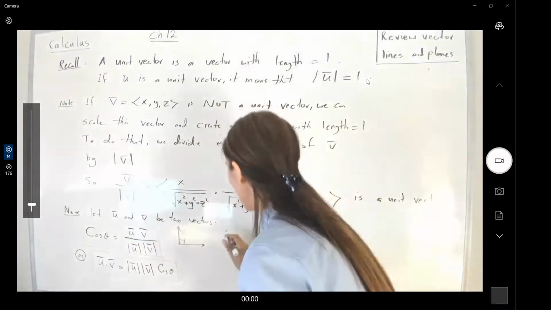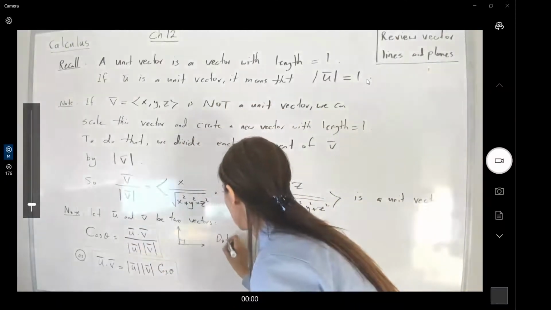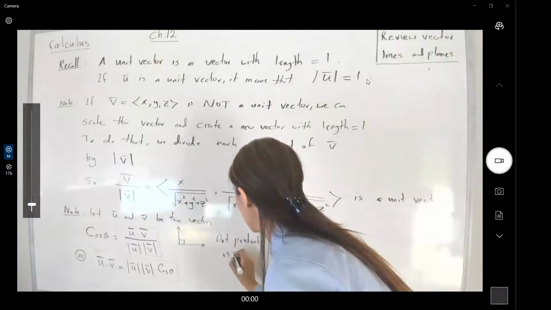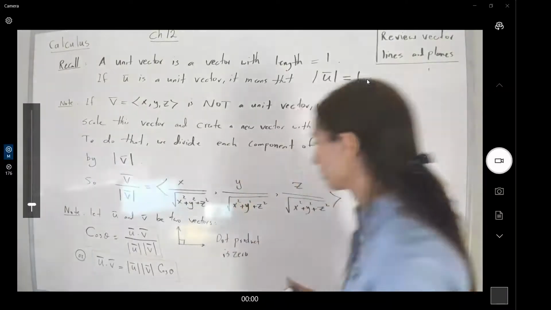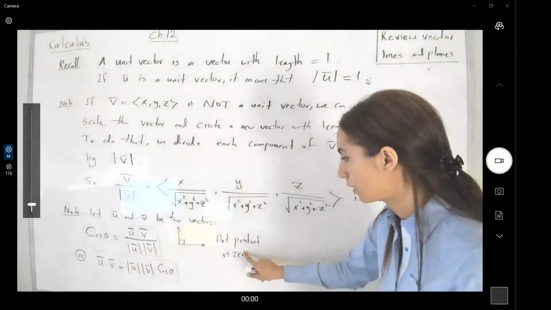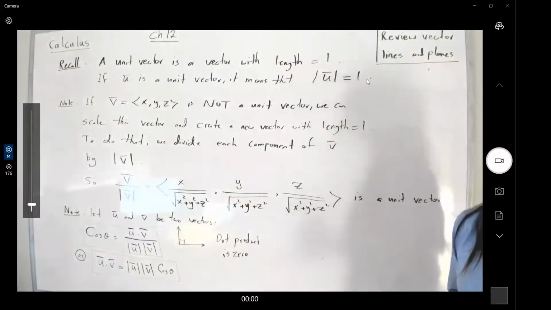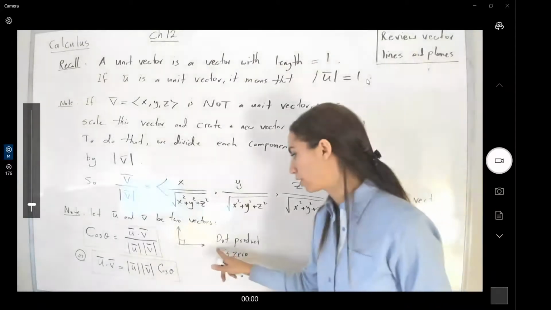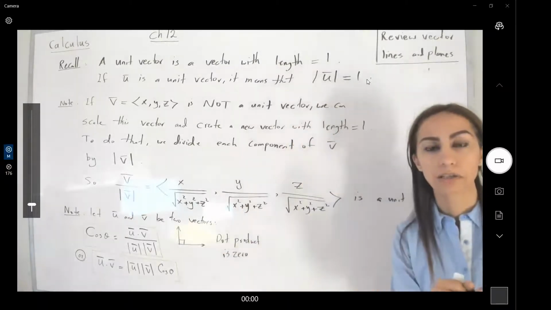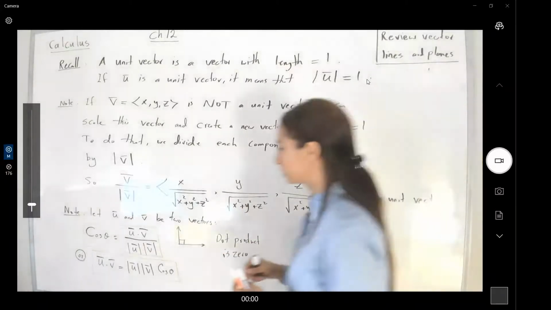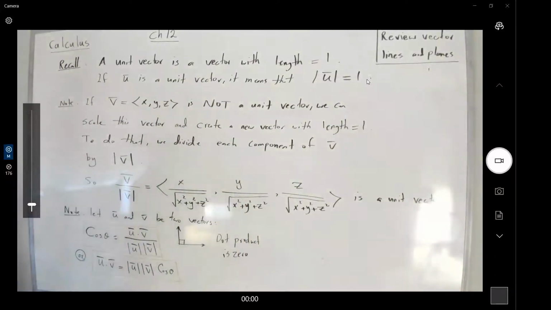So the dot product is 0. This is another note for you. If you have two vectors, to make sure that they are orthogonal or perpendicular to each other, you can find the dot product. If the dot product is equal to 0, then we say that those two vectors are perpendicular or orthogonal to each other.